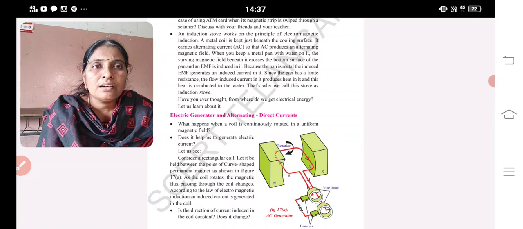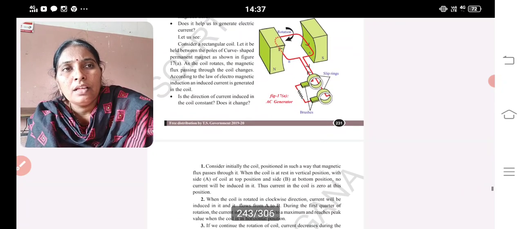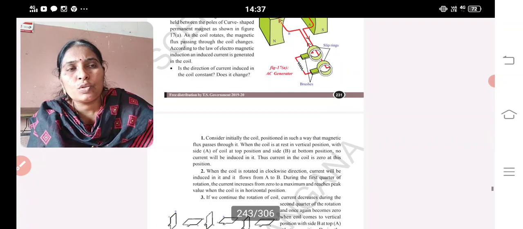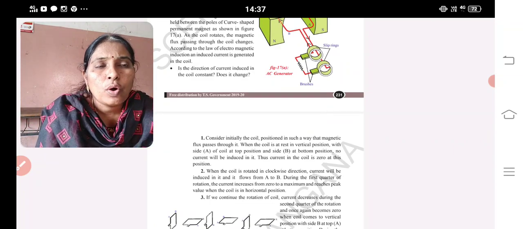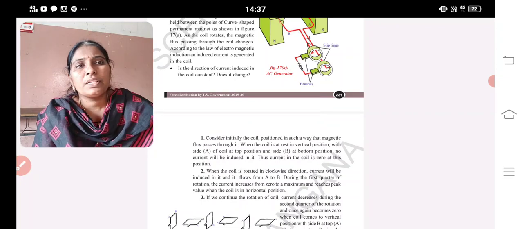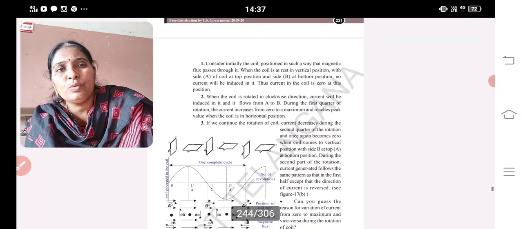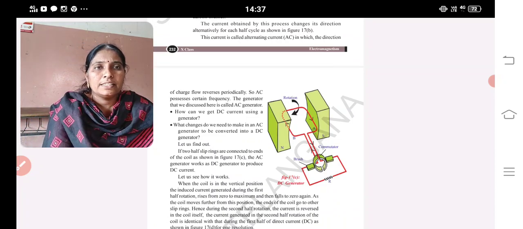You can see here a direct current and alternating current. In this, we use a rectangular coil under the influence of a strong magnet, and the coil is connected to a load resistance. To connect that, in between they arrange slip rings. This is the arrangement of an AC generator.